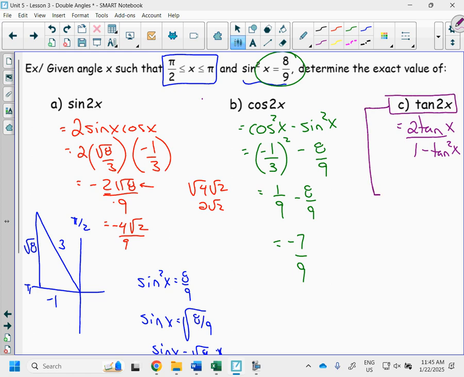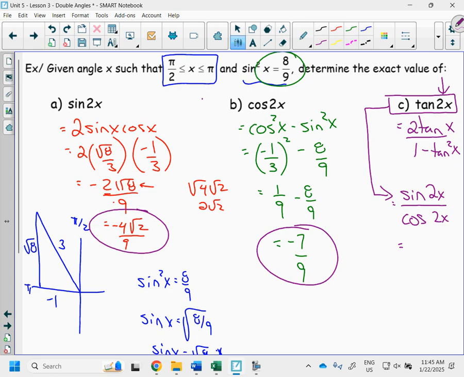We know that tan is always worth sine over cos of whatever the angle is. In this case, the angle is 2x. So we'll put a 2x in those spots. And why would I use this? Well, I'm pretty sure sine 2x is right here. I'm pretty sure cos 2x is right here. So I can put those numbers right in.